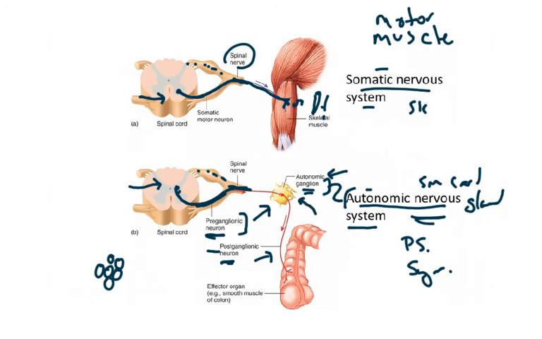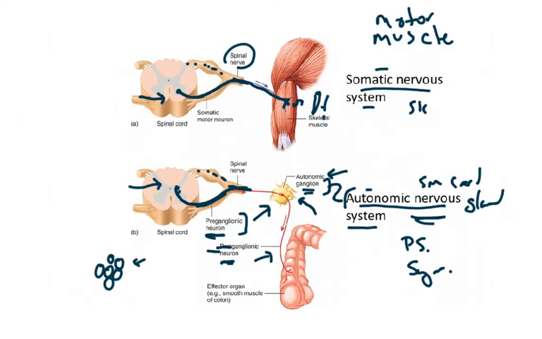I almost wish it was called the ganglionic neuron because it is the neuron whose cell body is the ganglia, because a ganglia is a cluster of cell bodies. But it's not. It's called the postganglionic neuron.